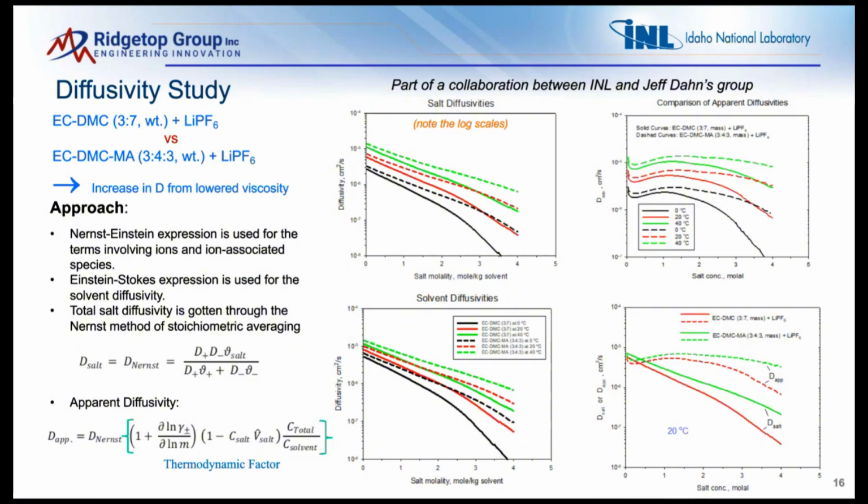And then on the right-hand side, we have the apparent diffusivities, looking at some different electrolytes at different temperatures as well. This brings a lot of fidelity into the electrolyte property space when these kinds of tools can be used, and it makes them more compatible with complementary tools like the Newman model. Okay, next.